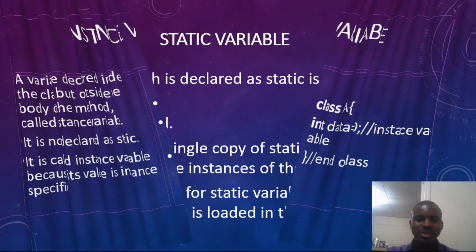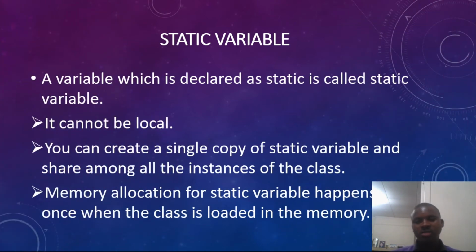Okay, let's move on. We are going on to static variables. What are static variables? Static variables are just variables that we declare with the static keyword. If you put a static keyword on a certain variable, it will be a static variable. It cannot be local. I've already emphasized this point that we cannot mark local variables as static variables. Also, you can create a single copy of a static variable and share it among all the instances of the class.